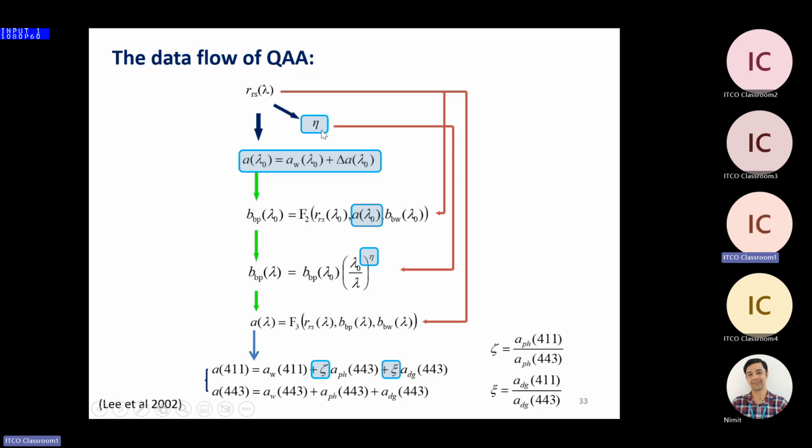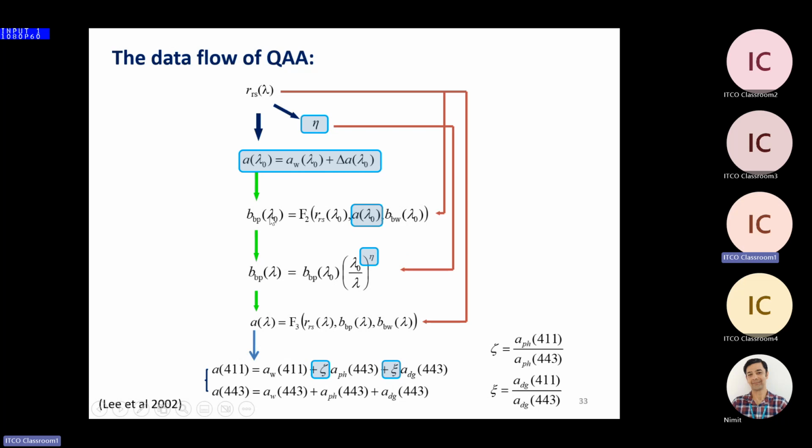After we know that eta, it will be applied to this BBP power law function. Also from this RS, we can get the total absorption at some reference wavelength, so we get A lambda 0. When we know A lambda 0, because RS is a function of BB and A, then you can calculate BB lambda 0.